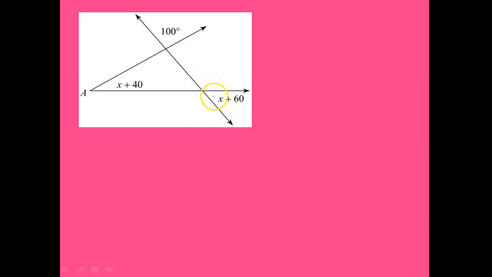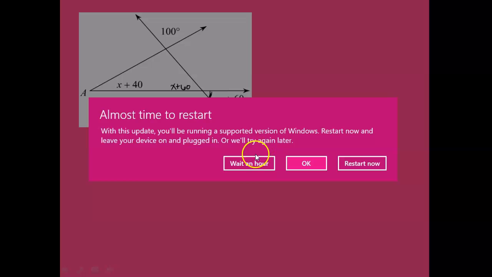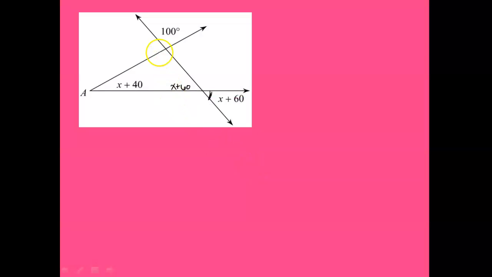All right, so if this angle is x plus 60 degrees, so is this angle, right? And if this angle is 100 degrees, so is this angle. So now I have enough information to solve because I know this angle plus this angle plus this angle is 180 degrees. I think on this question it actually asks you to solve for a, so that's what we'll do.